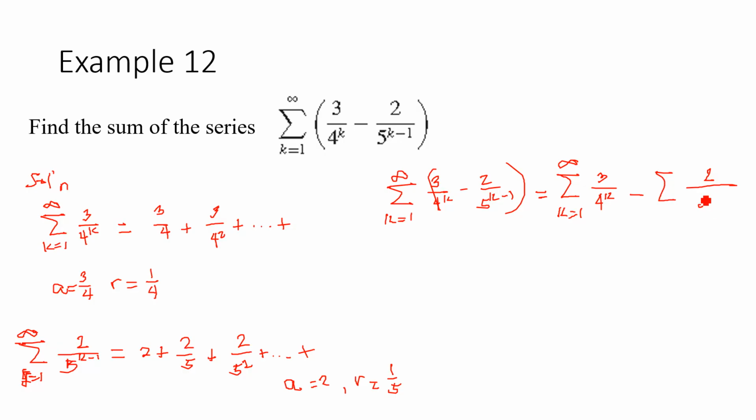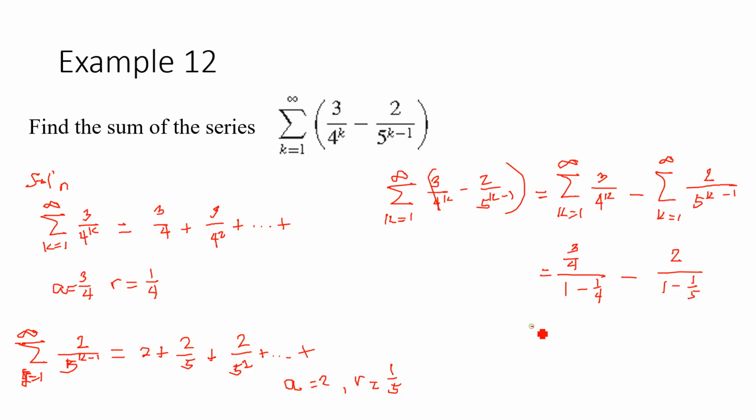Why 2, that must be 5. So in this case, the sum of this, our A is 3/4, over 1 minus the R, which is 1/4, minus the sum of this, where A is 2 over 1 minus 1/5.